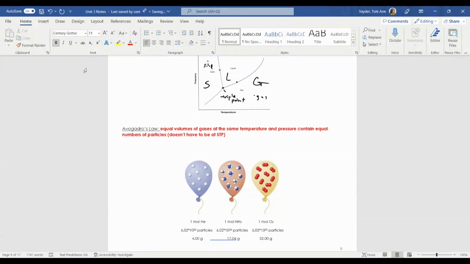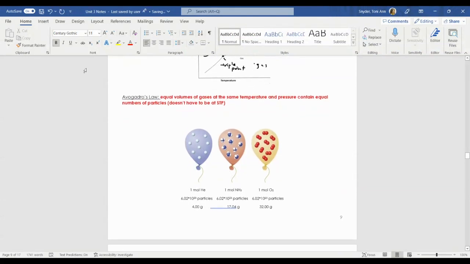So if I consider, in this case, these three balloons, all of these balloons have the same number of particles. And although there's not 6.02 times 10 to the 23rd of whatever inside of those, it's just a nice sample of them. So let's count the particles. Looks like I have 1, 2, 3, 4, 5, 6, 7, 8, 9.